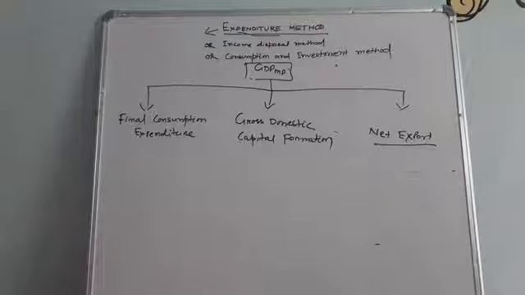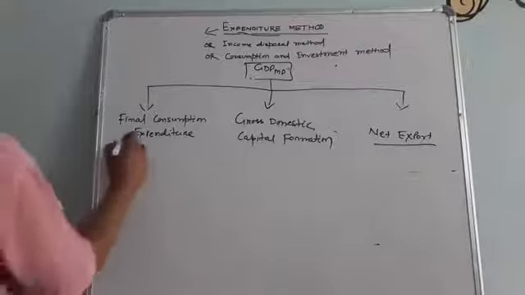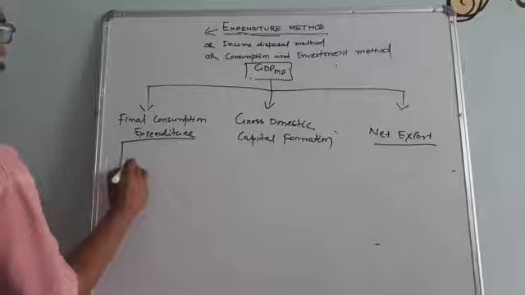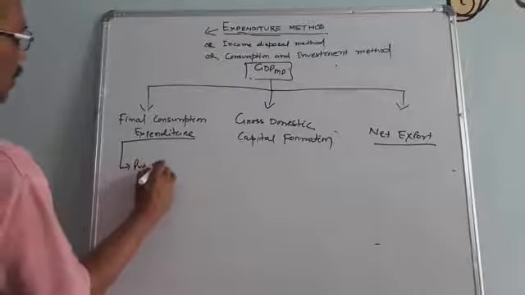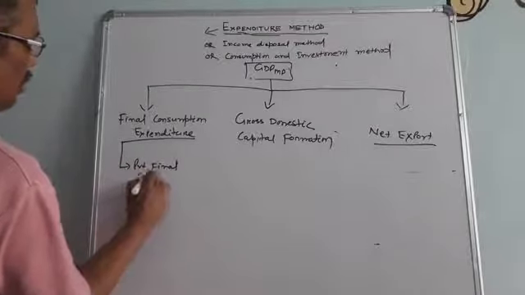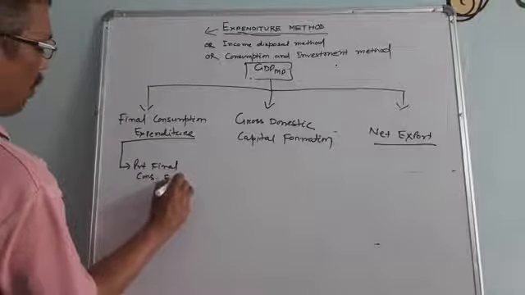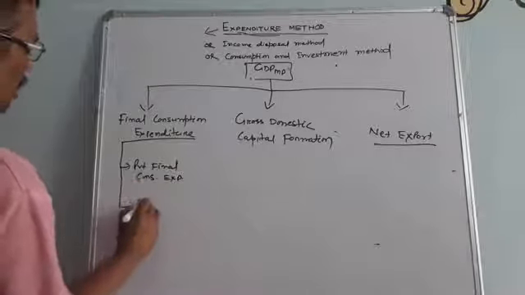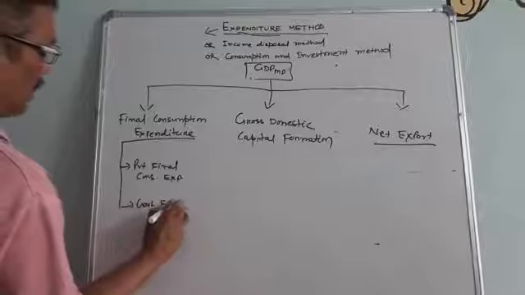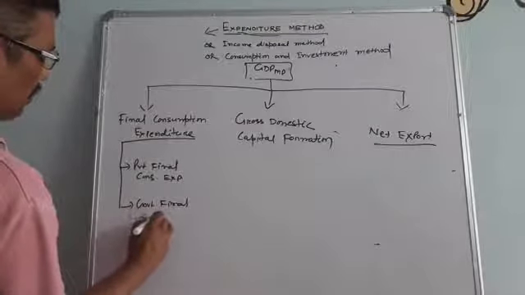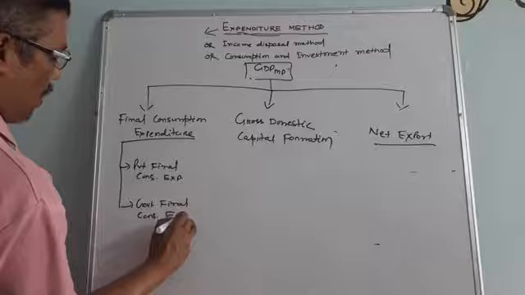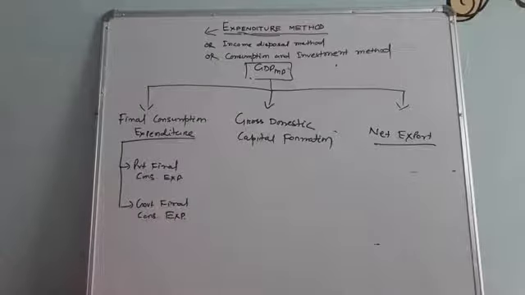The final consumption expenditure is again divided into two parts: private final consumption expenditure, and number two, government final consumption expenditure.